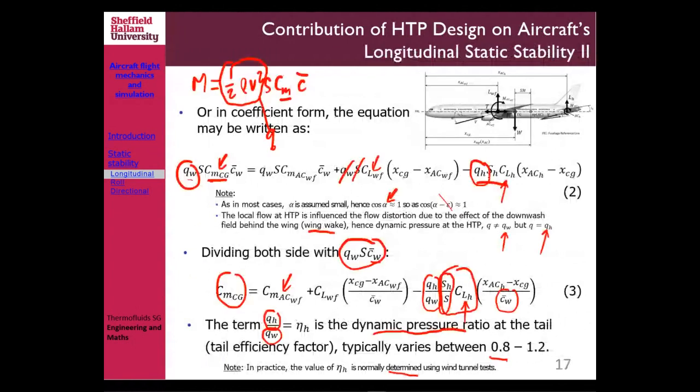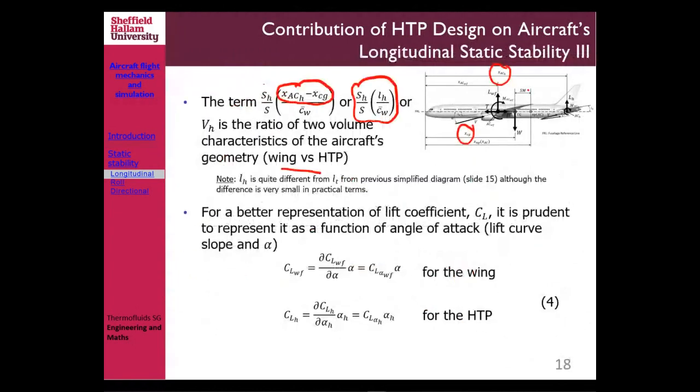But here we talk about a different one, which is LH, the distance between the tail in slide 15 and the CG, not to the wing. But obviously, as I said, it's quite different from the LT.